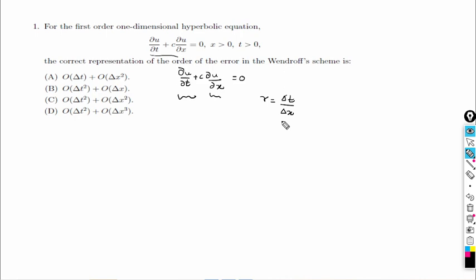So after solving this, you will get del u by del t as u of xi comma tj plus 1 minus u of xi comma tj, whole divided by del t, minus del t by 2 del square u by del t square.